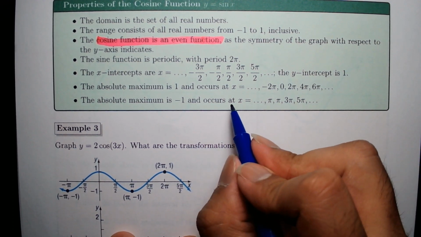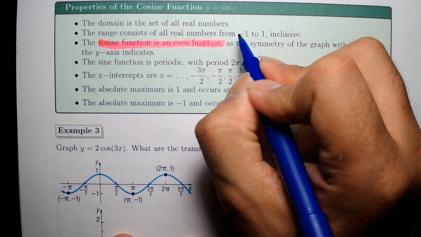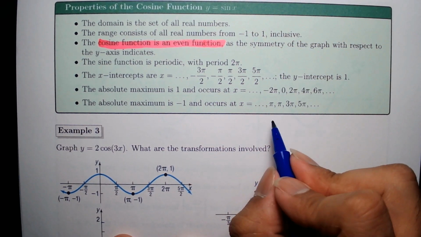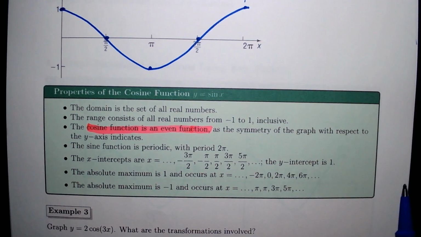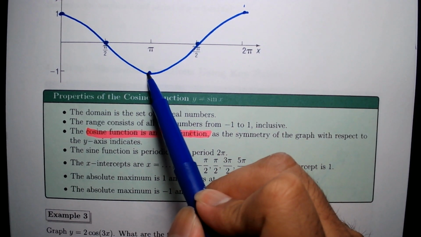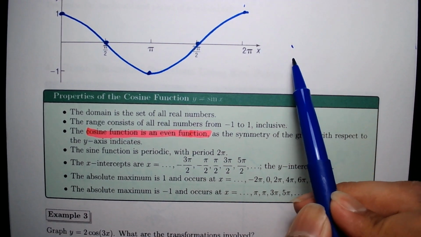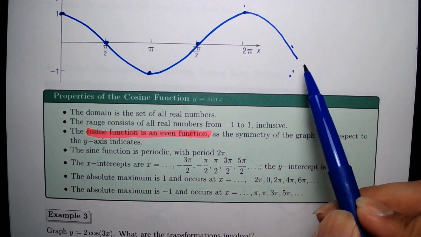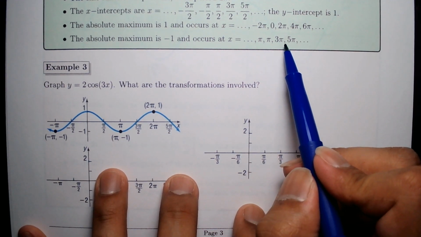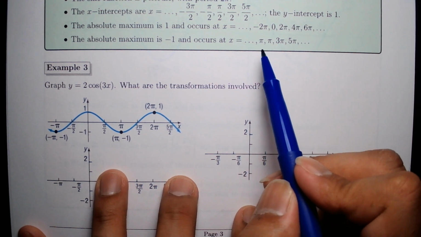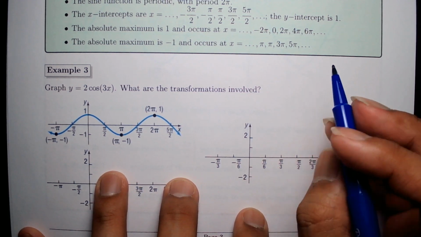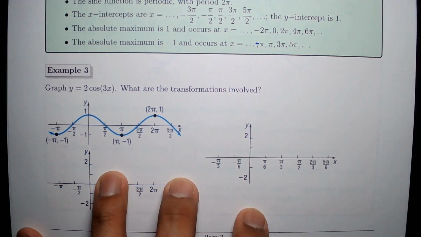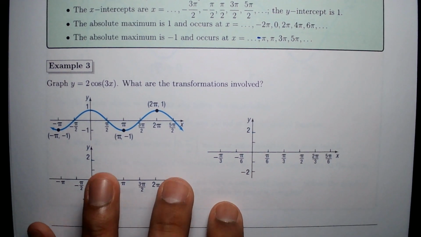And the minimum is -1. That's again the lowest point in the range. Those occur when x equals pi, when x equals 3 pi. Actually, I think I had a little typo. This one should have been a negative pi, by the way.